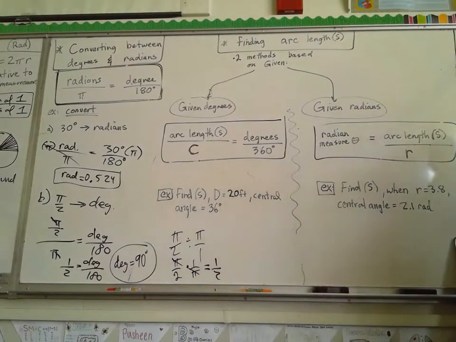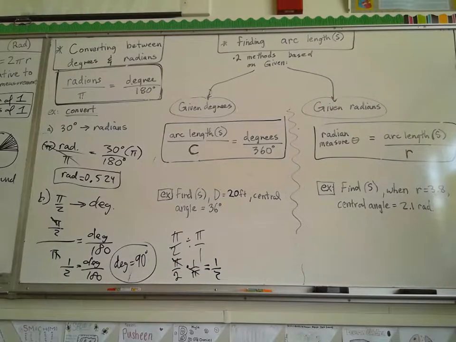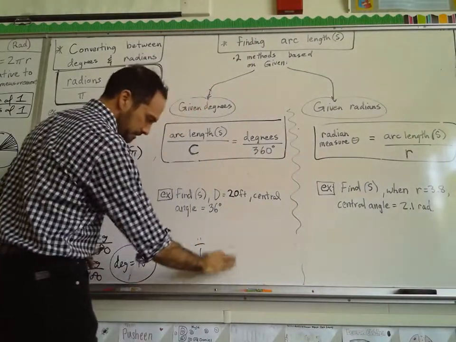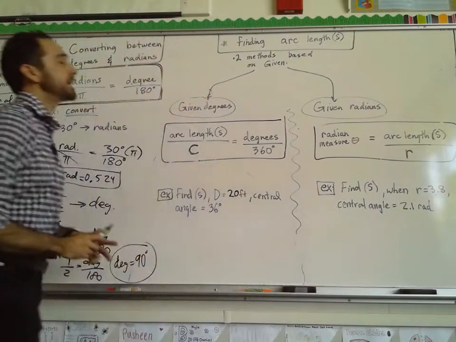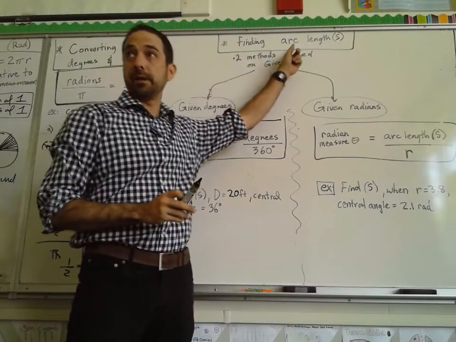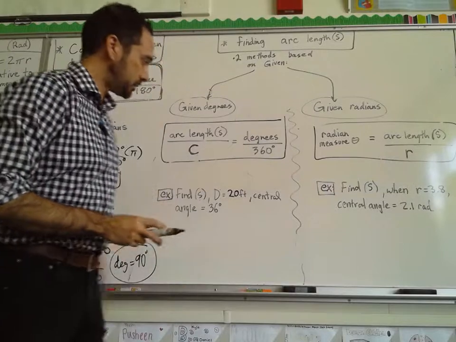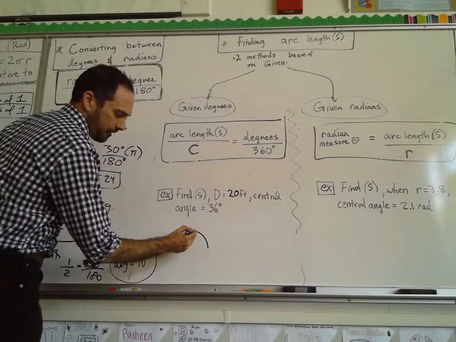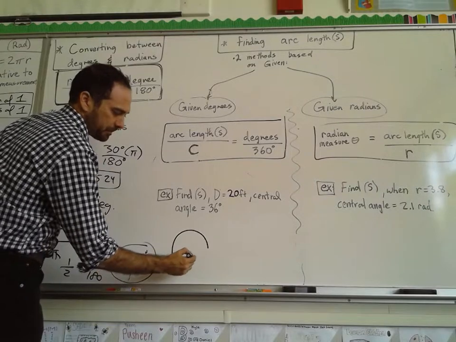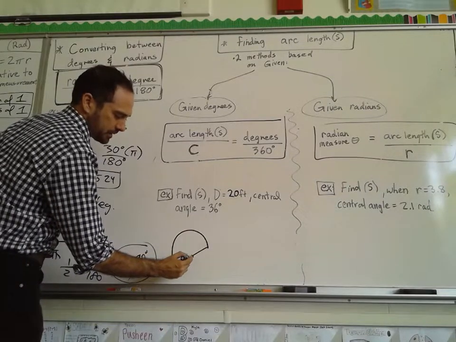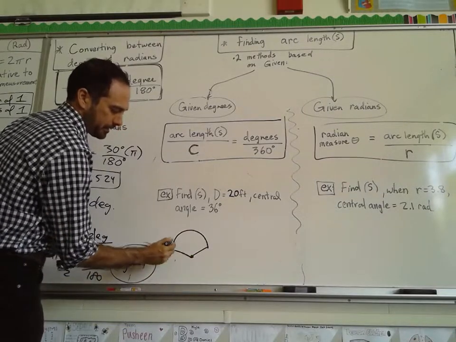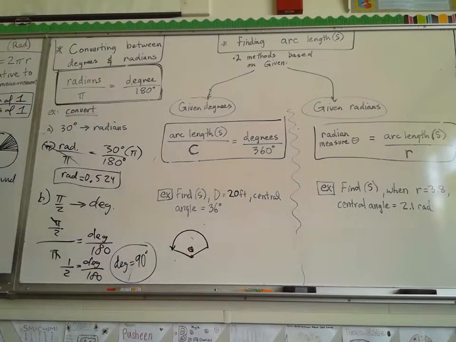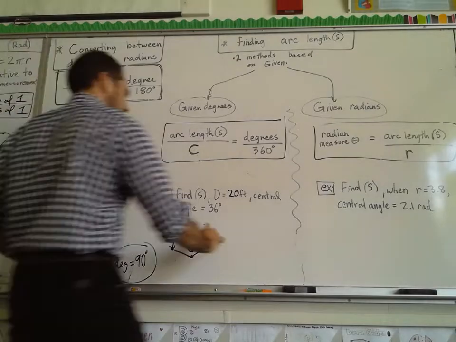So what I mean by that is, let's get rid of this. In this case, we're finding the arc length, right? Remember, the arc length is just how far we need to travel based on my theta.